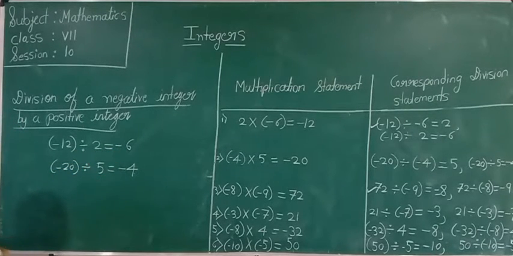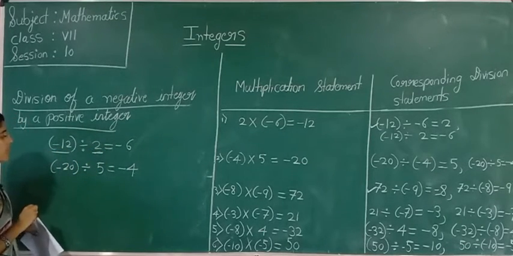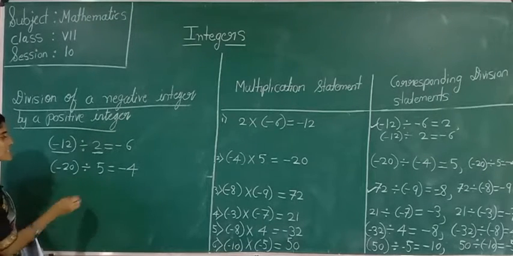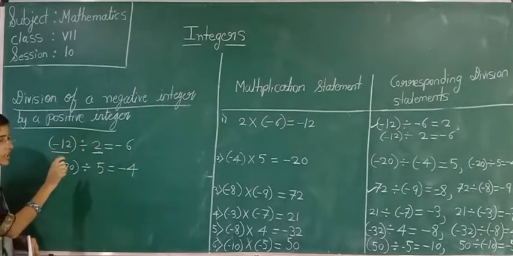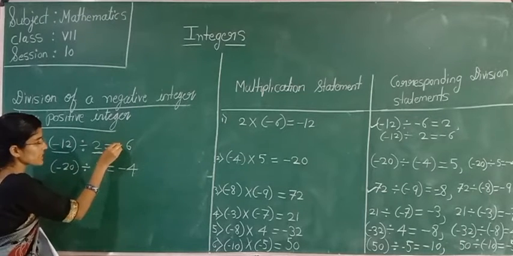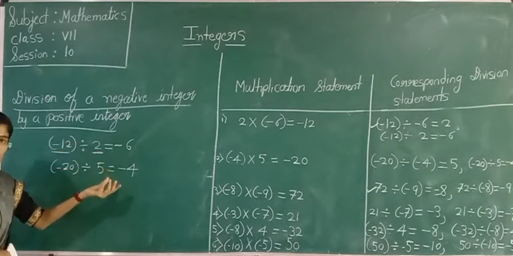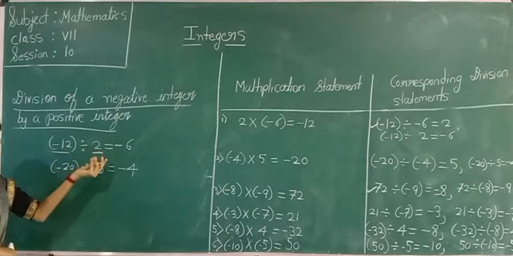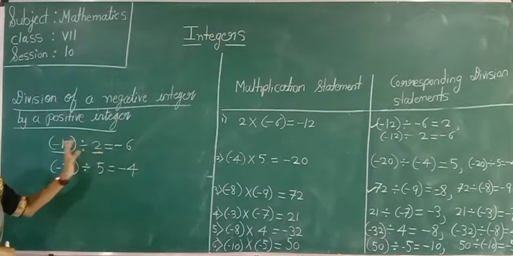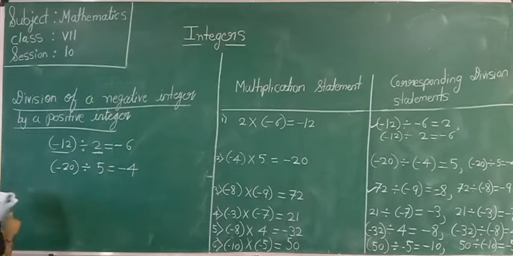We have to divide them as whole numbers, and we have to keep the minus sign before the quotient. Okay, we can write that.